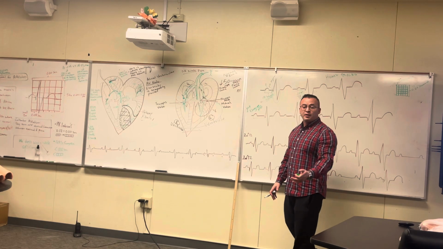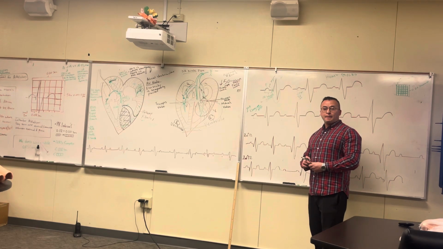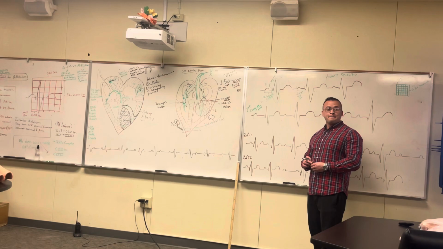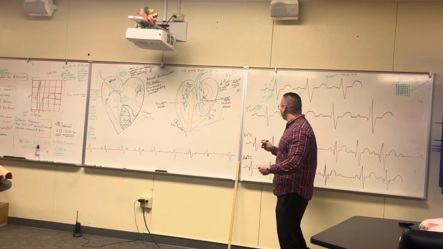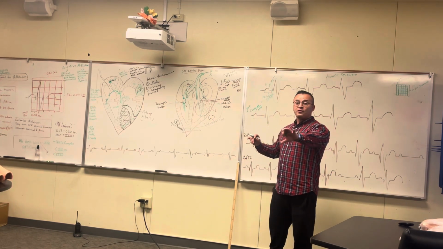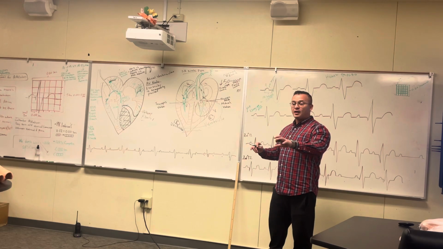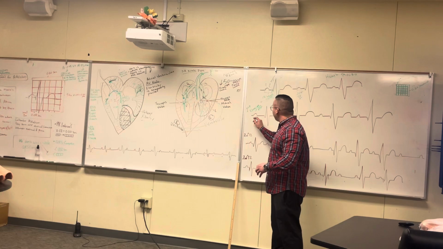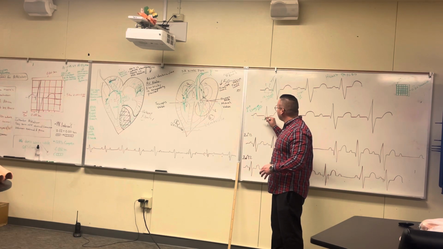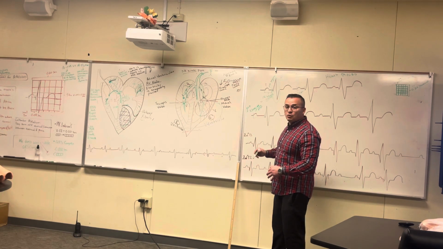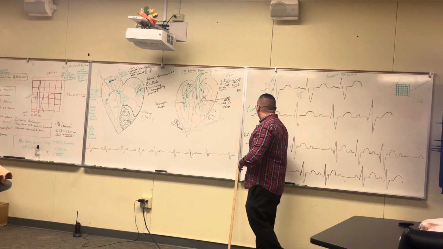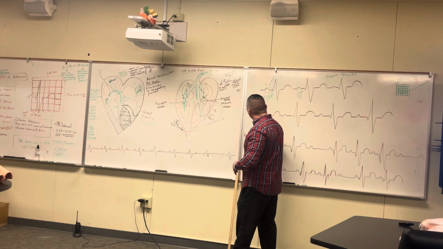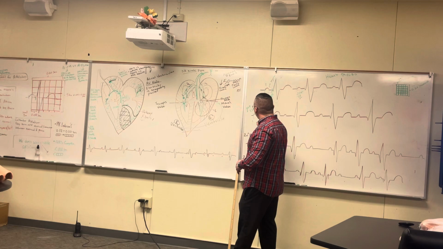How much time? 0.20 seconds, right? So all a first degree heart block is, if you ever hear a first degree heart block, it just means that from the beginning of the P wave to the beginning of the QRS, it's longer, more than 0.20 seconds.